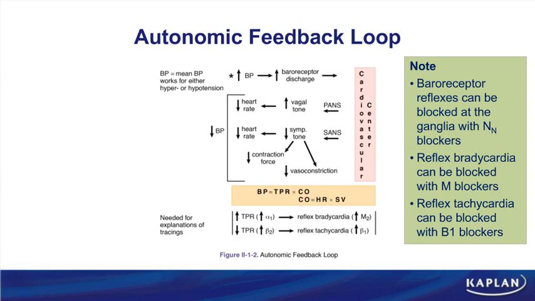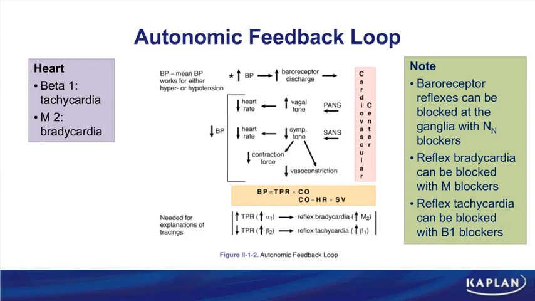When parasympathetics fire via the vagus nerve, that will decrease the heart rate. At the same time, decreasing sympathetic activity also contributes to a decrease in the heart rate. If you look at the box on the left, what are the receptors that are controlling the heart rate? Well, it's beta 1 and muscarinic M2.